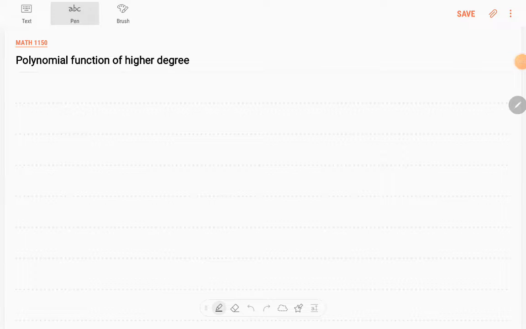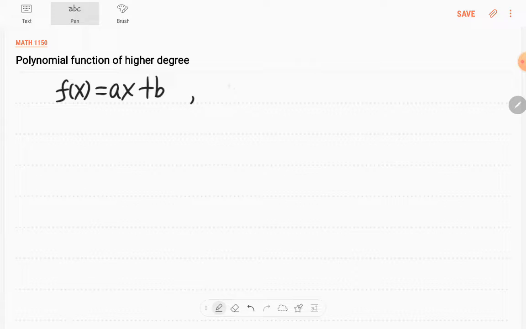In this section, we want to talk about the polynomial function of high degree. So we have learned the linear function, which is ax plus b, right?